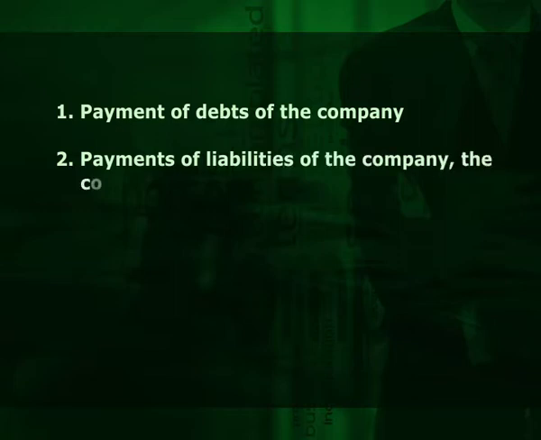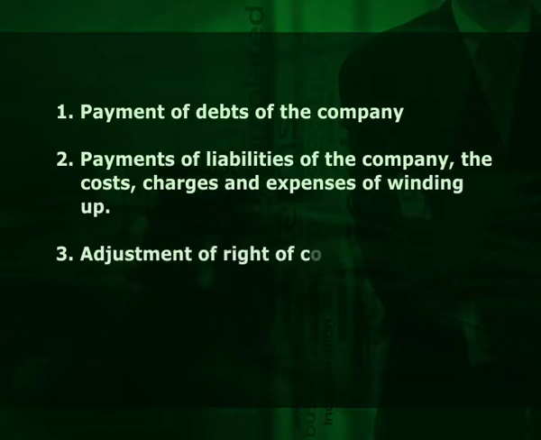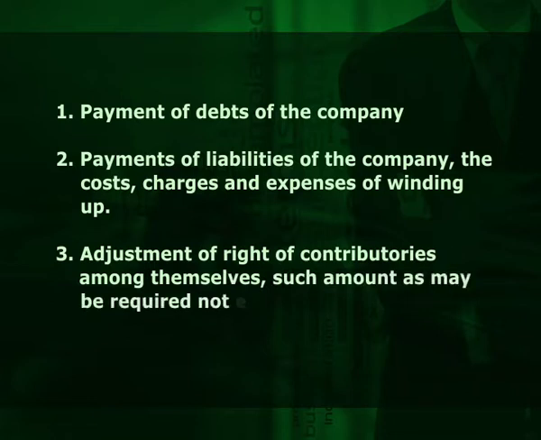In case of a company limited by guarantee, its Memorandum of Association should state that each member undertakes to contribute to the assets of the company in the event of its being wound up while he is a member or within 1 year after he ceases to be a member for, first, the payment of debts of the company; second, payments of liabilities of the company, the cost, charges and expenses of winding up; and third, adjustment of rights of contributories among themselves, such amount as may be required, not exceeding a specified amount.